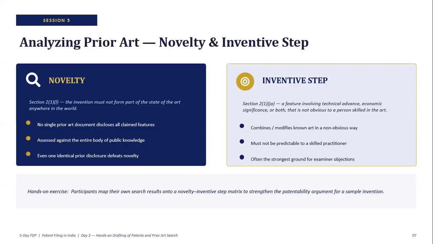The presentation emphasizes that the claimed solution should not merely be predictable to a skilled practitioner. During the hands-on exercise, as I explained just a few minutes before, the participants will map their search results onto a novelty and inventive step matrix, as already discussed in the case study, and this will help to develop a structured and defensible patentability argument of a sample invention.